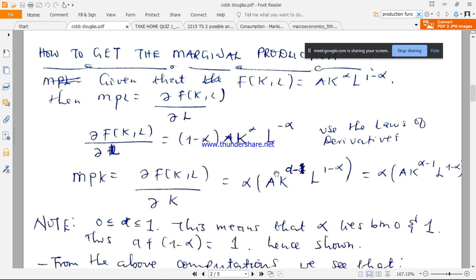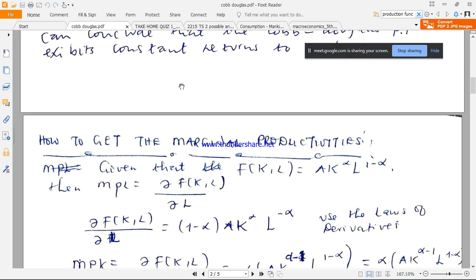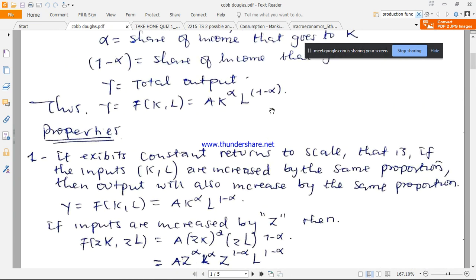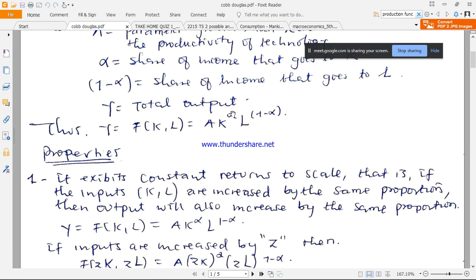Okay, so what it is, my friend: here we are differentiating with respect to capital. Check this out. This is the production function that we have. So 1 minus alpha is embedded in the function itself, because this is how a typical Cobb-Douglas function looks.